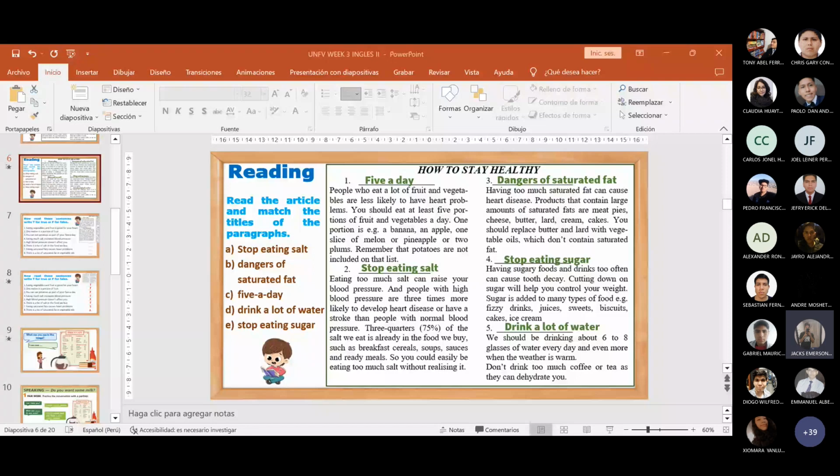Okay. What about number 5? High blood pressure doesn't affect you. False. And what about number 6?